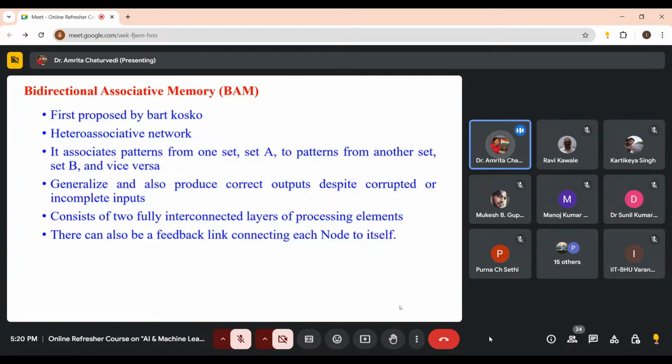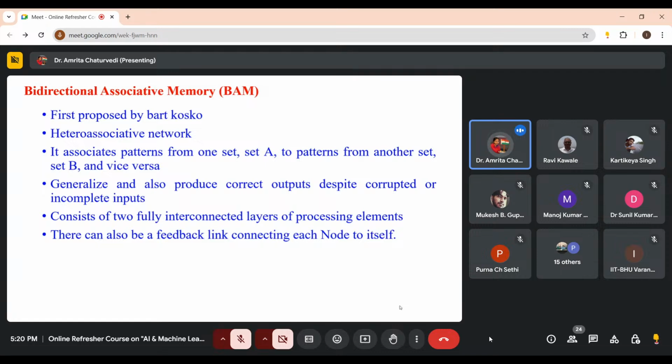So this is a quick summary of bidirectional associative memory. It was proposed by Bart Kosko. It is hetero-associative in nature. It associates patterns on both the sides, from set A to set B, and then again vice versa from set B to set A. It can also produce correct outputs despite corrupted or incomplete input.